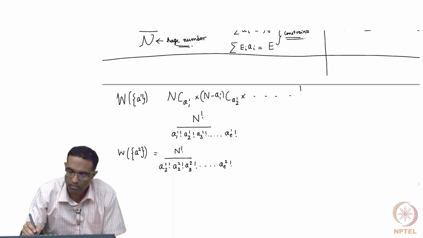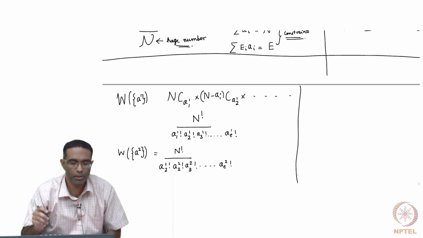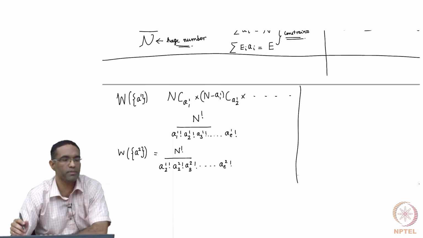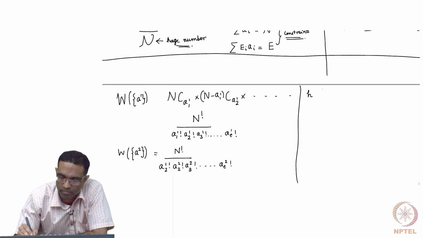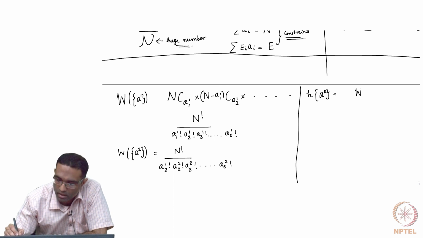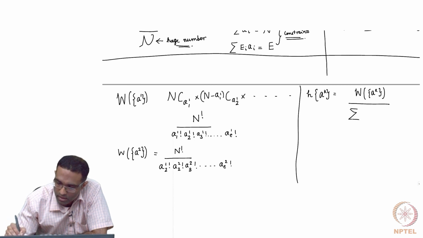Okay. So what is the probability that you are able to find a specific distribution? The probability that we are able to find a specific distribution is nothing but the number of ways that particular distribution occurs divided by the total number of ways all possible distributions can occur, right?